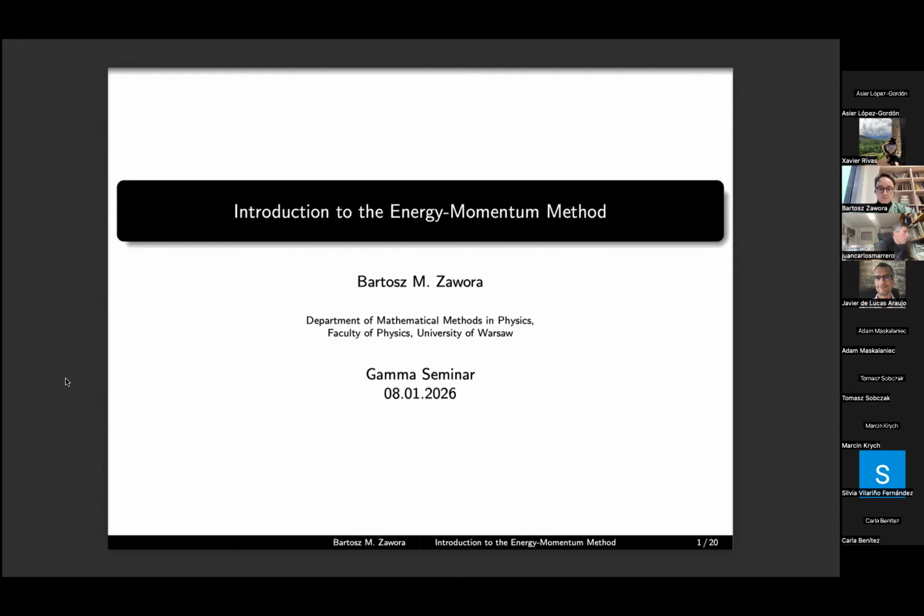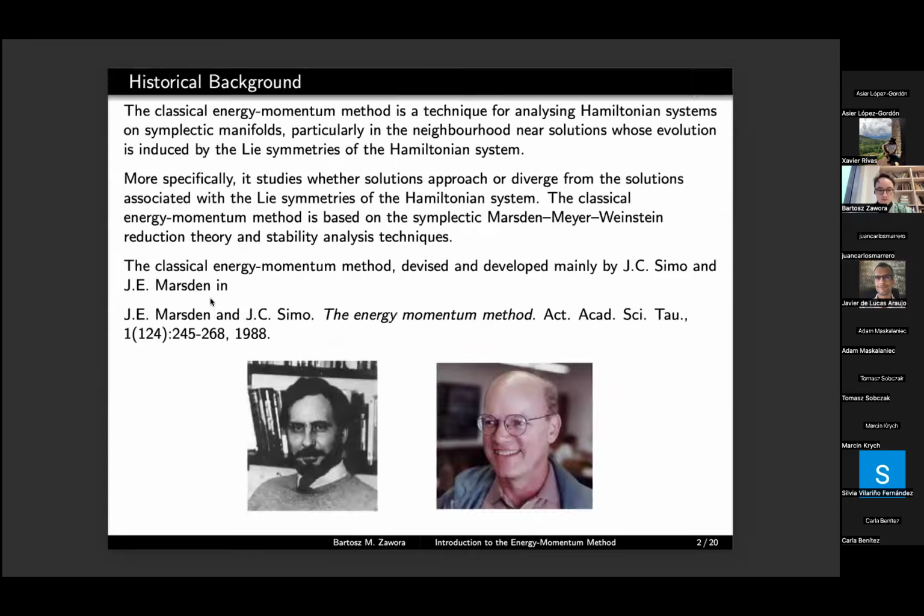So what is the energy momentum method? The classical energy momentum method is a technique that allows for analyzing the stability of Hamiltonian systems on symplectic manifolds that admit some particular symmetries, Lie symmetries.